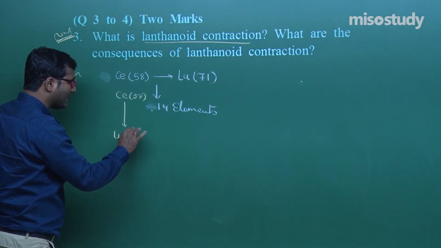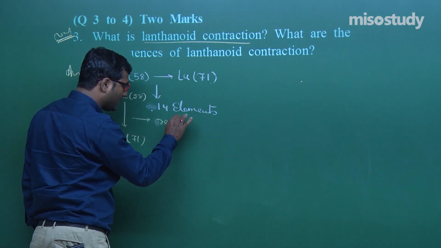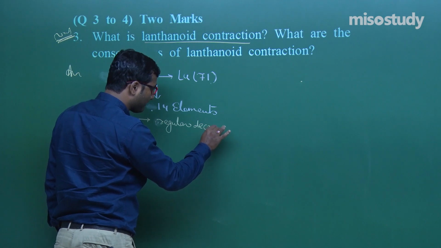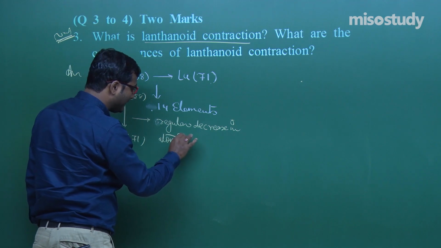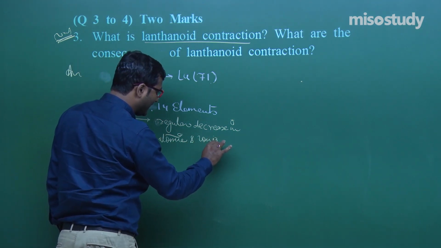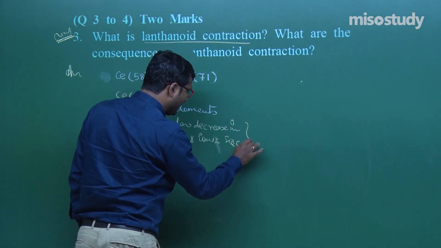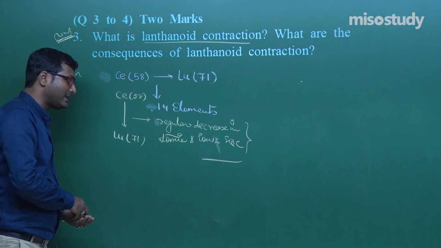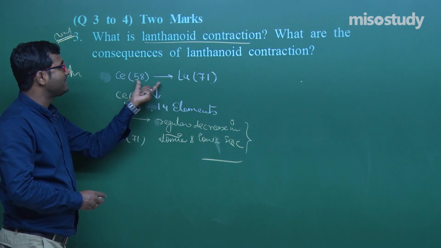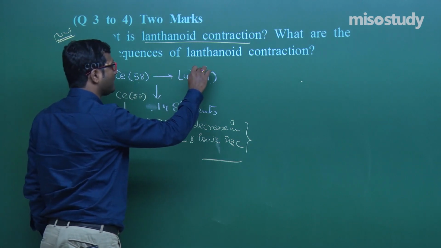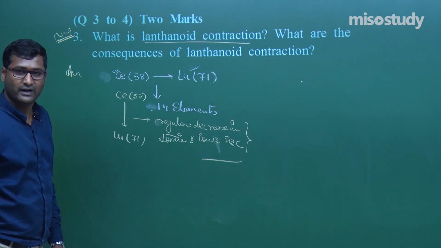There is a regular decrease in the atomic and ionic size when we move in the lanthanide series, that is from 58 to 71, due to the increase in the effective nuclear charge value.